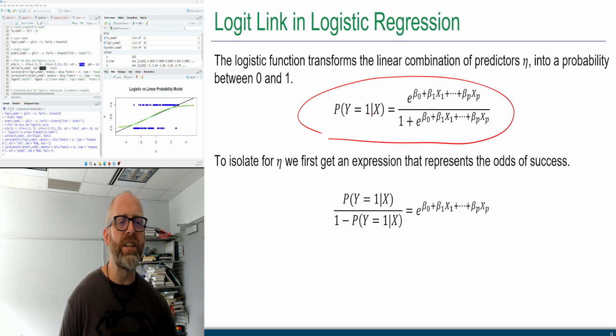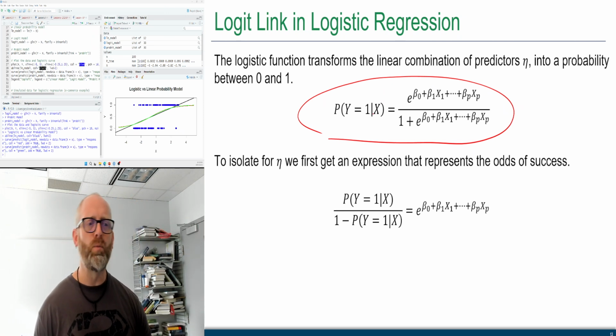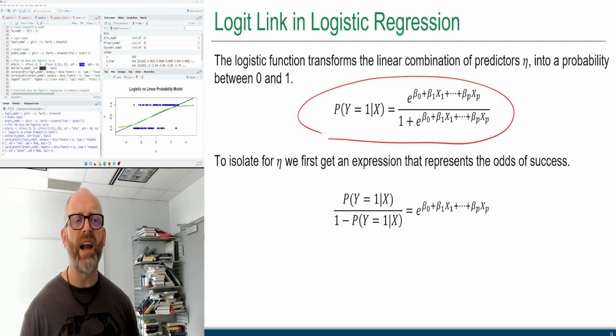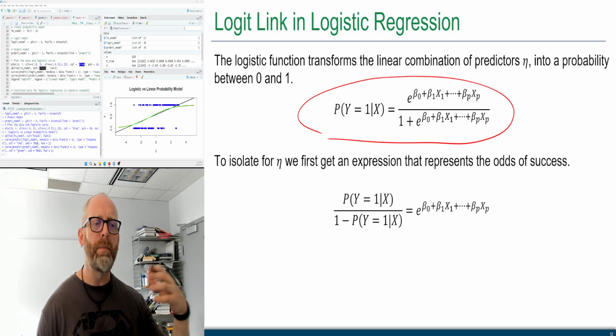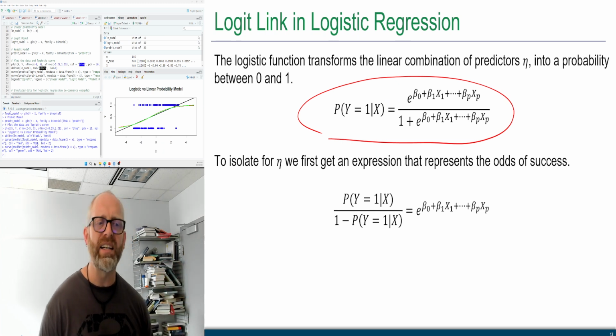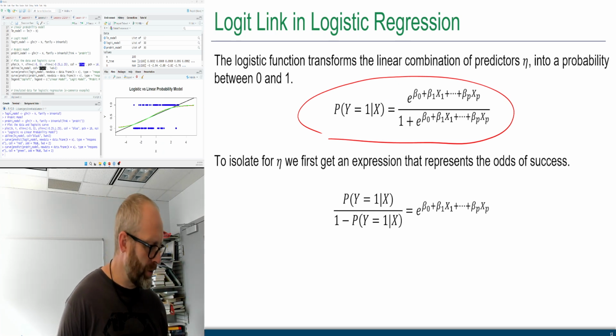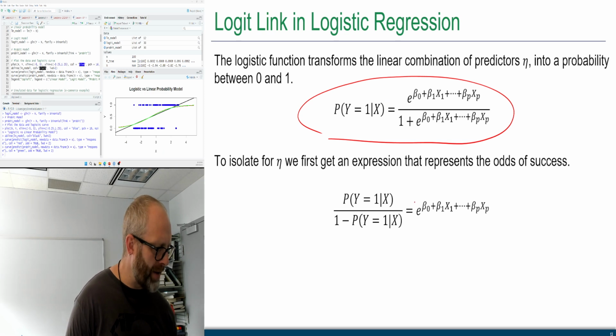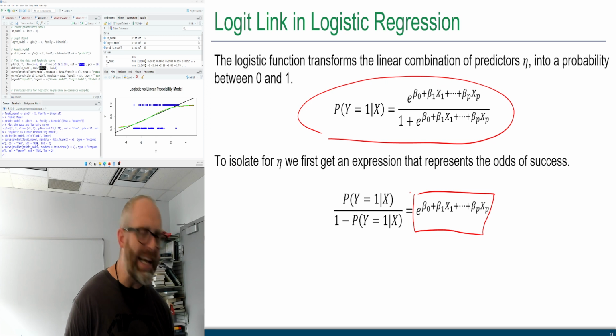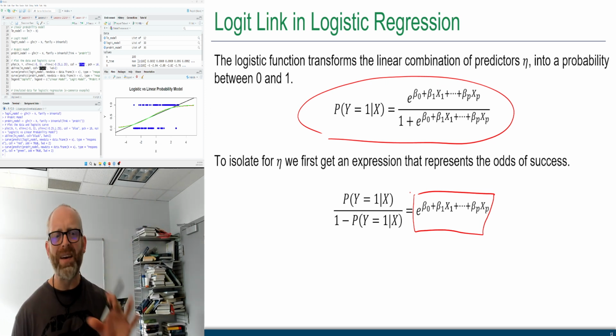So if we rearrange what I have circled up top here, and again, what I'm looking for on my right-hand side is just my beta naught plus my beta 1 x1 all the way up to my beta p xp. If I rearrange this, what I'm left with on my right-hand side is e to that.